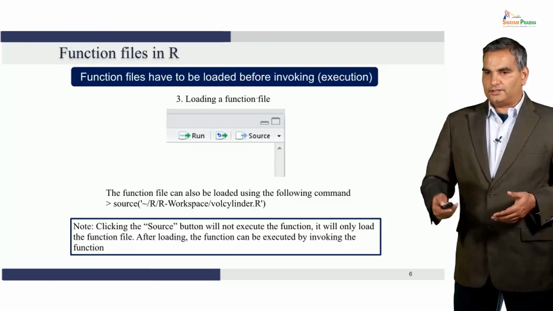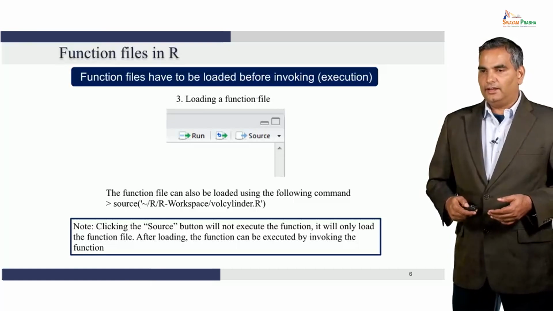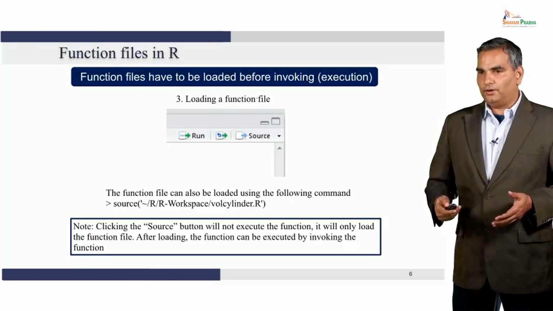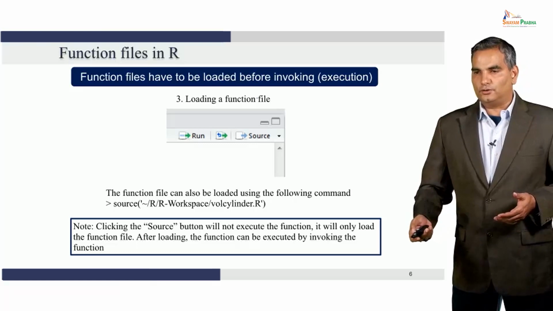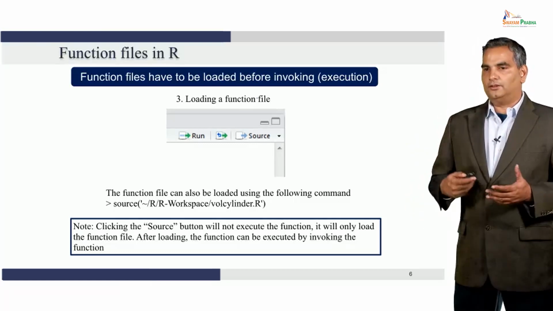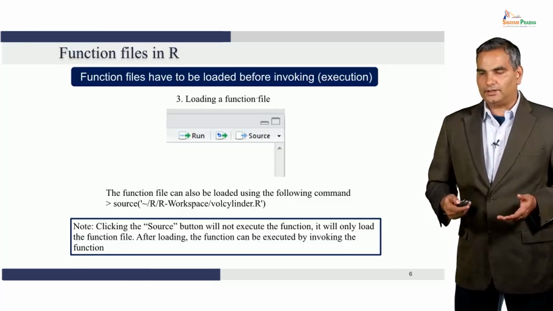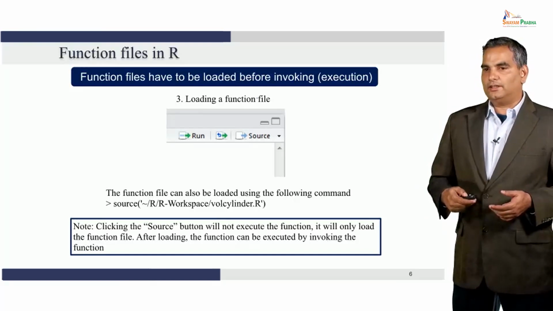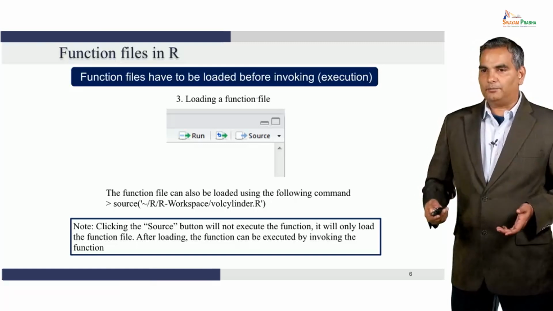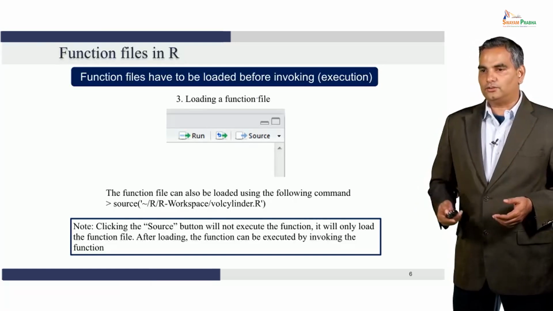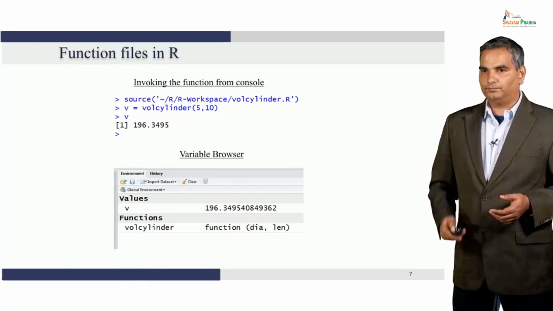Once you load the function using the command that's shown there, as we had seen before, you can run this function either using source, remember we talked about source and source with echo, or using the Run tab, where you could either run the file line by line or run the whole file. So there are these two ways of running the program.